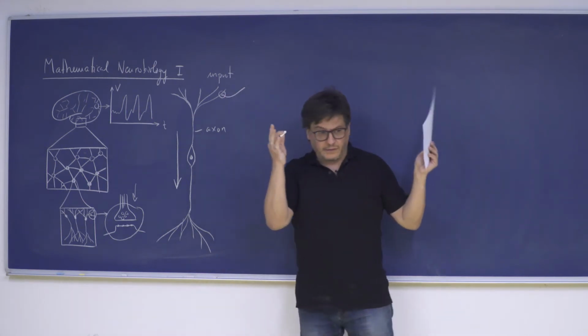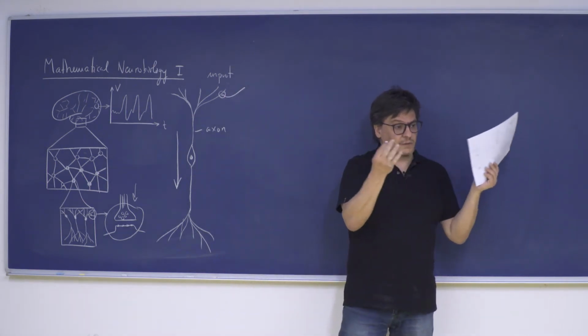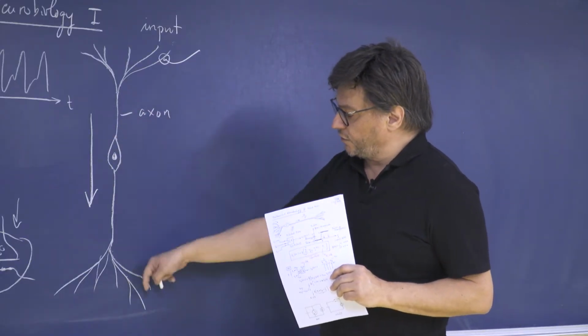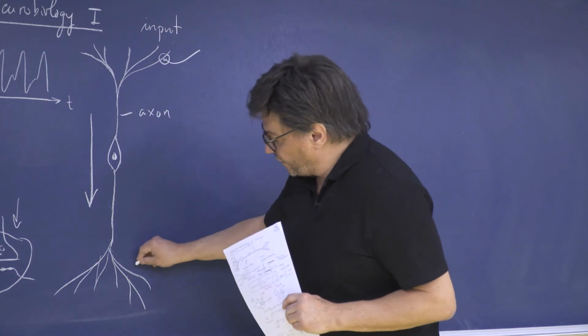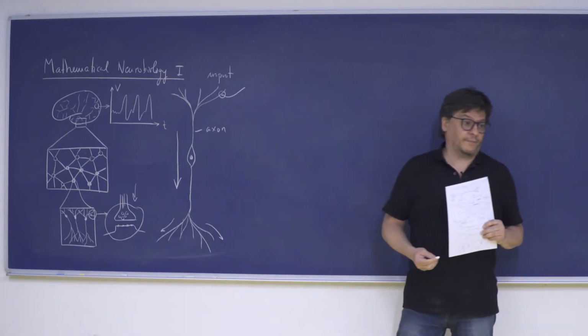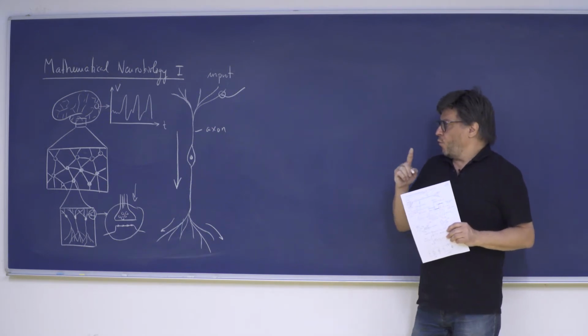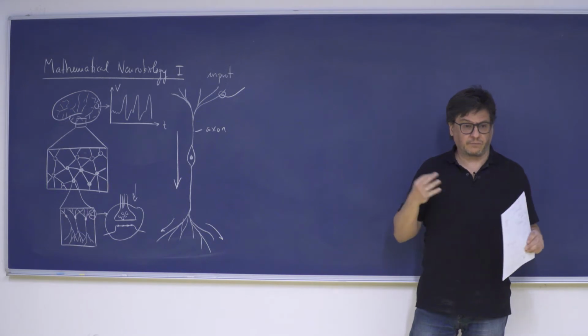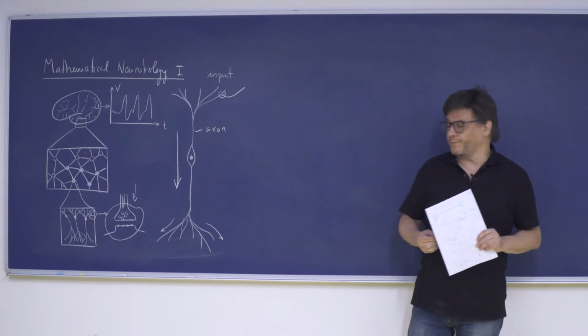And this is the overall activity, the overall excitation that is integrated here, that essentially makes the decision whether or not I am going to send signals to other neurons, right? Not only to one, but to many of them, right? One thing for you to think about, right? We have only about 25,000 genes, right?